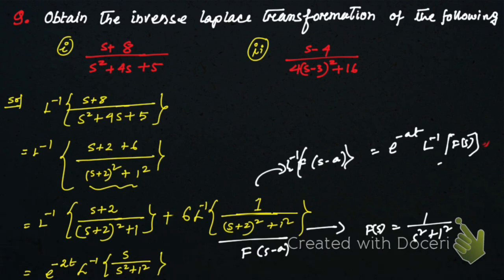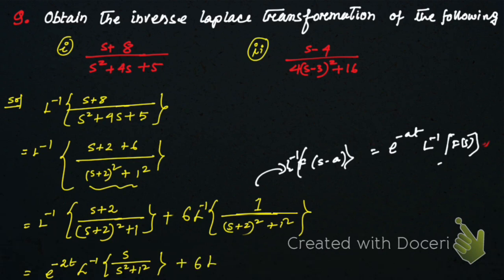So that's why, if we apply the first shifting theorem, this part can be written as 6 into e to the power minus, here also a is minus 2, so minus 2t, inverse Laplace transformation of 1 by s square plus 1 square, right? So hope till now everything is clear.